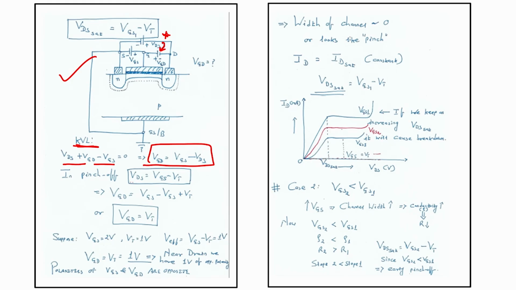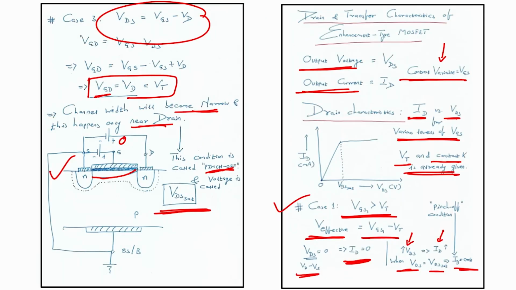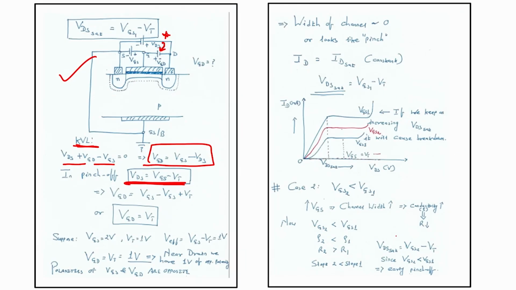In pinch off, VDS is VGS minus Vt, we know that, right. So, in pinch off, my voltage across drain and source, VDS, would be equal to VGS minus the threshold voltage, then my pinch off will occur. In this particular condition, I have VGD equals, so I will substitute this value in this particular equation, okay.